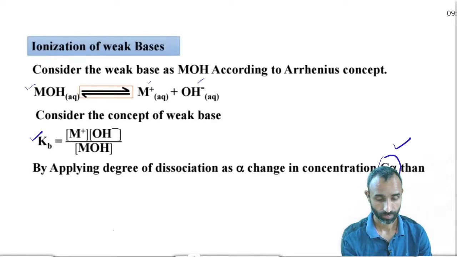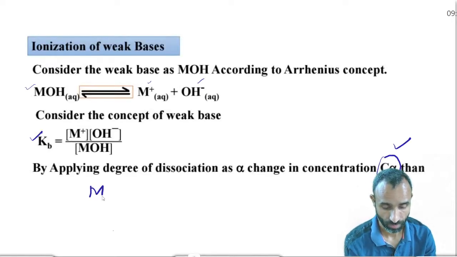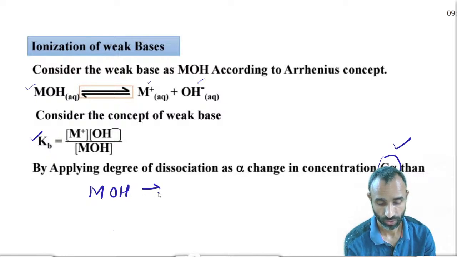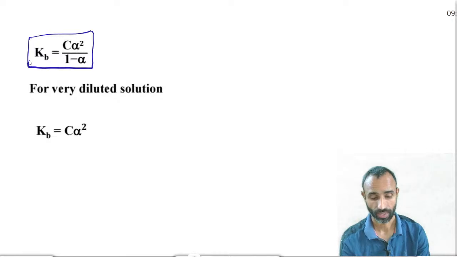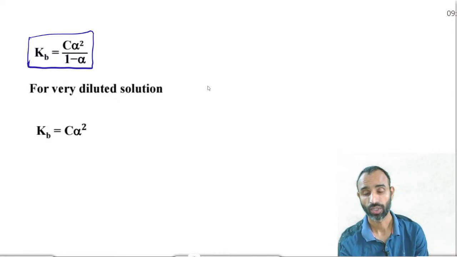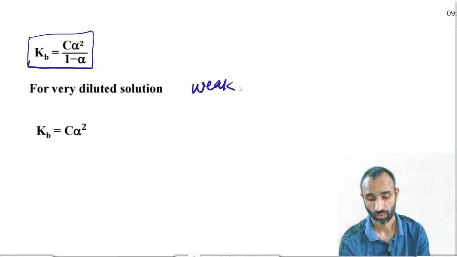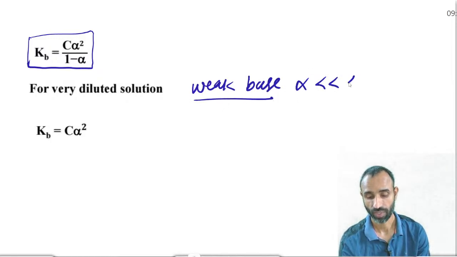because we have MOH to give M plus and OH negative. As it is a weak base, alpha is very much less than 1, so 1 minus alpha can be taken as 1.